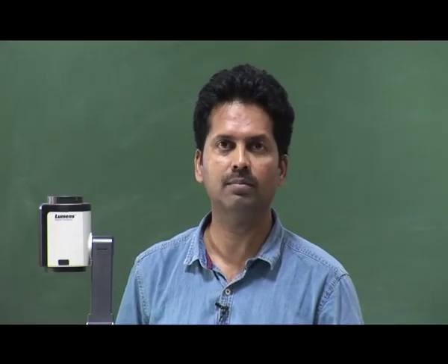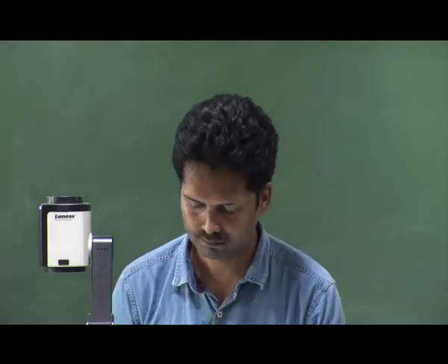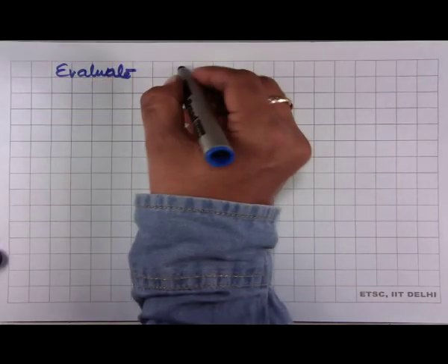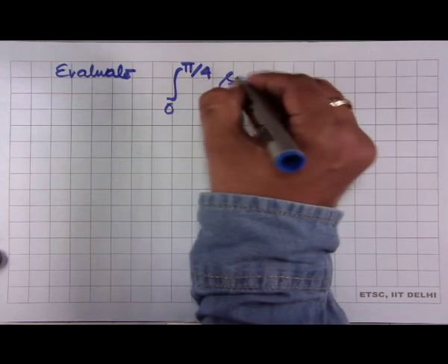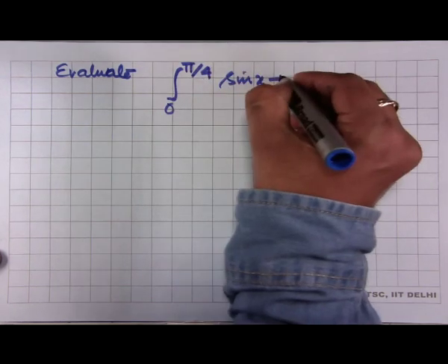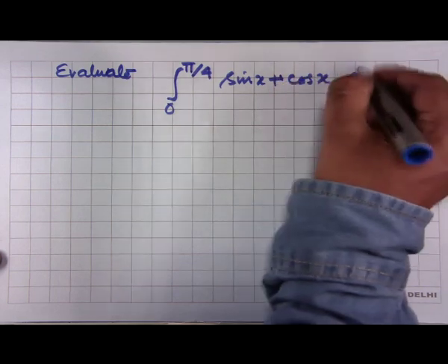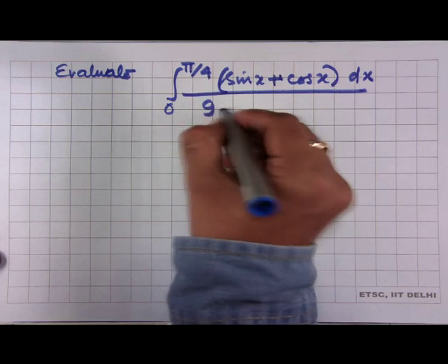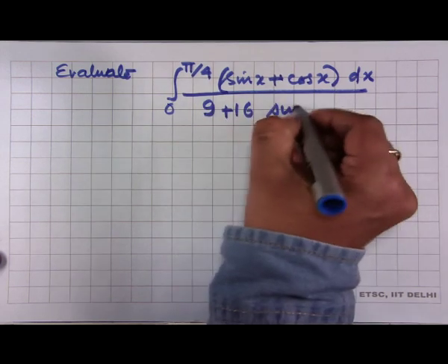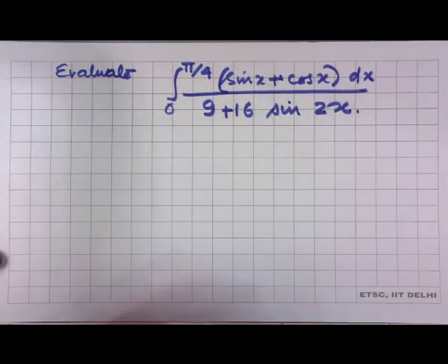Let us take one more example. Evaluate 0 to pi by 4 sin x plus cos x dx by 9 plus 16 sin 2x.